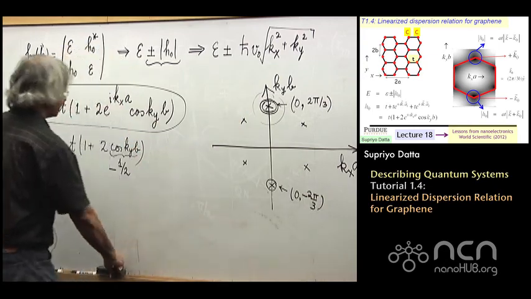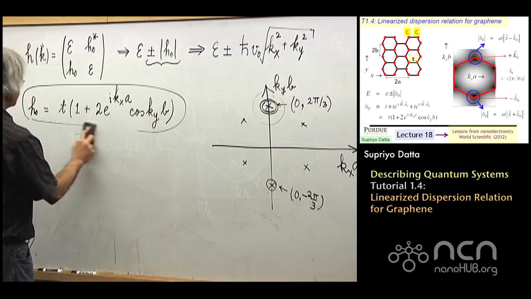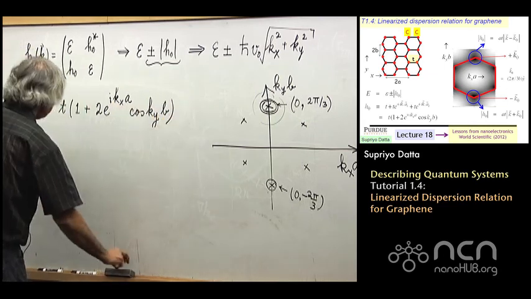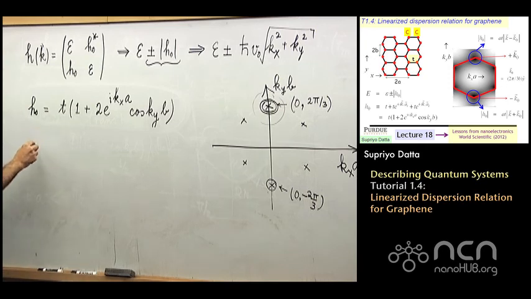So the way this would work is, we'll take this H0 and write it as H0 at some point, which is this 0, 2 pi over 3. And at that point, of course, it's 0. So this is Kxa, that's Kyb, and right around there, it's exactly 0.